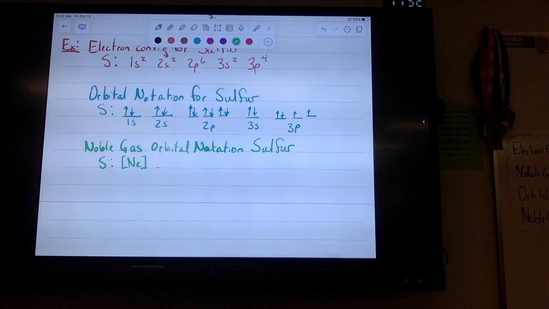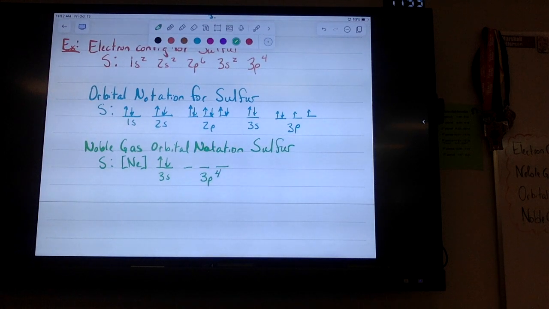3s2. So I'm going to draw my 1 blank and put 3s underneath it and put my 2 arrows, 1 up, 1 down. What's next? 1, 2, 3. 3p4.